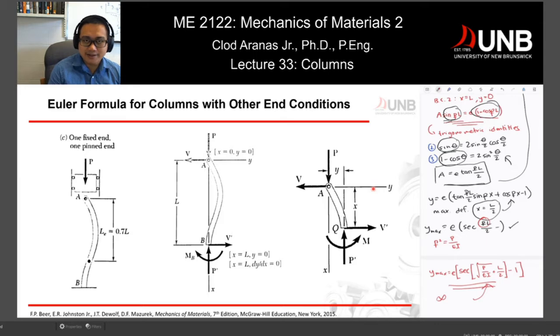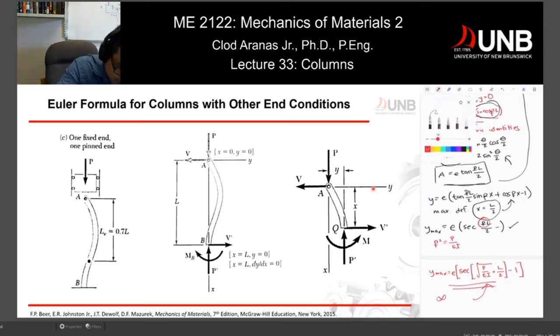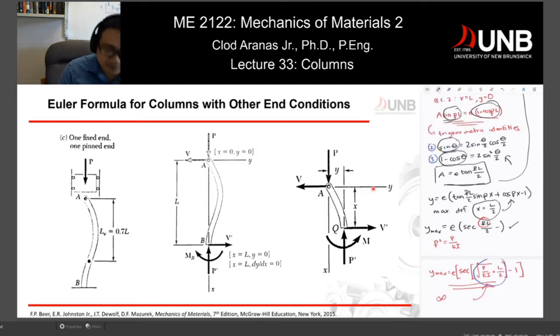Now, how would this become infinity? Take note, this is a trigonometric function. So if that part of the equation becomes, let's say, 90 degrees, secant of 90 degrees becomes infinity. So everything will be infinity.